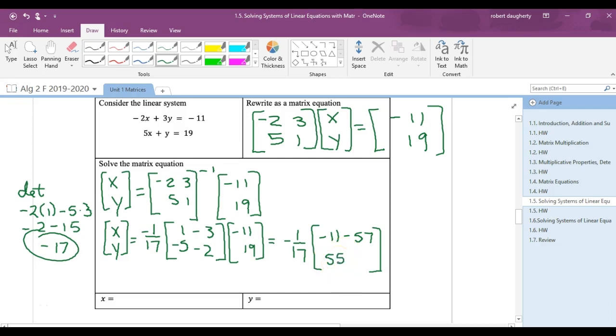And then what is negative 2 times 19? Negative 38. So this is negative 1/17. Negative 11 minus 57 is negative 68. 55 minus 38 is, what is that, 17.